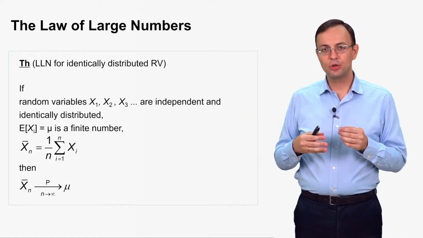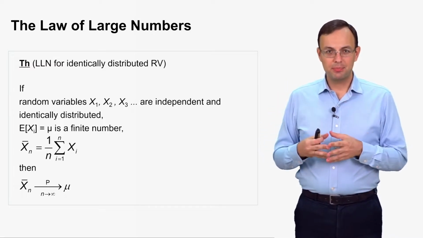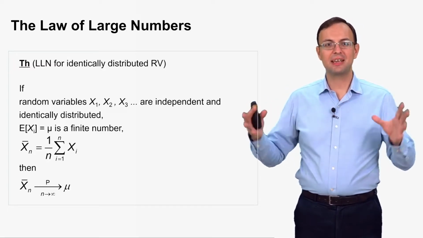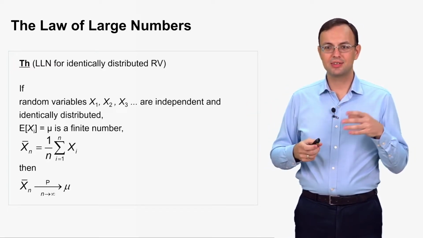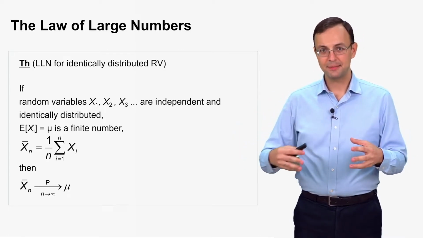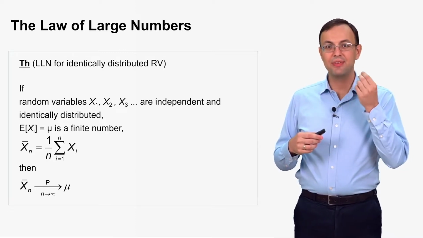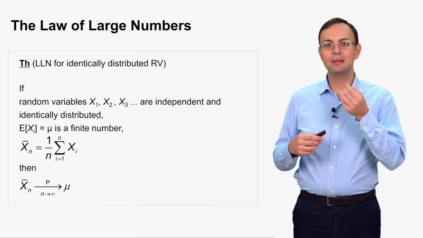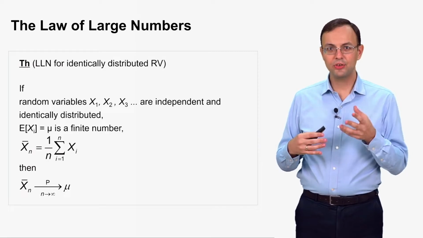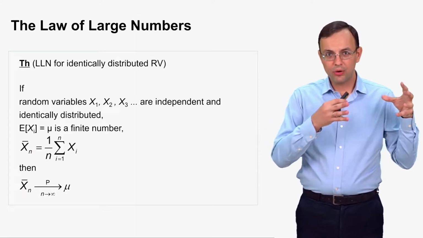And as they are all identically distributed, and we assume that there is no systematic error, so that the length is never underestimated or overestimated systematically, then we can say that the expected value of each single measurement is the real length of the table.